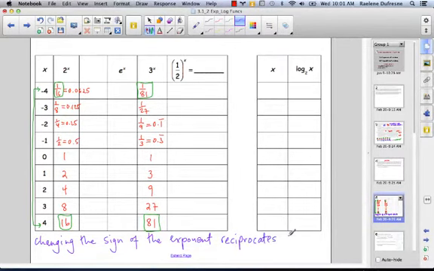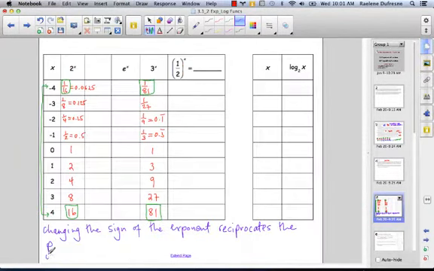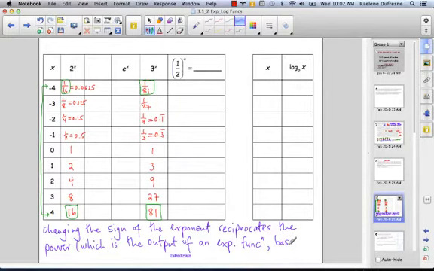So changing the sign of the exponent reciprocates the output or the power. I'm just going to call it reciprocates the power, which is the output of an exponential function, namely base to an exponent.